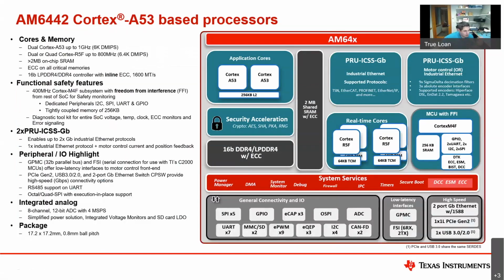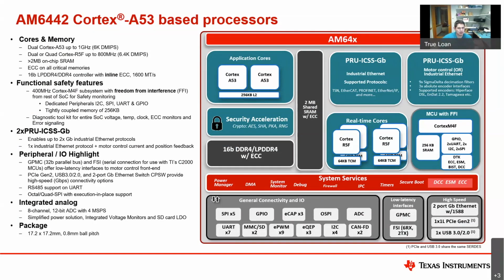Looking at the processor that we're going to actually be showcasing today, we're going to be using the AM6442 Sitara processor from TI. It's designed with industrial applications in mind. What's unique about this processor is it has a very rich core set. The primary features here are dual Cortex A53s, super high efficient general purpose computing. Today, we're actually going to be seeing the A53s running Linux on our main device.